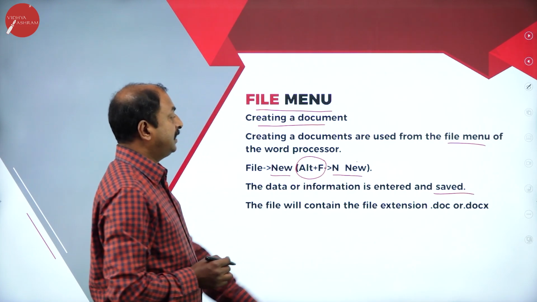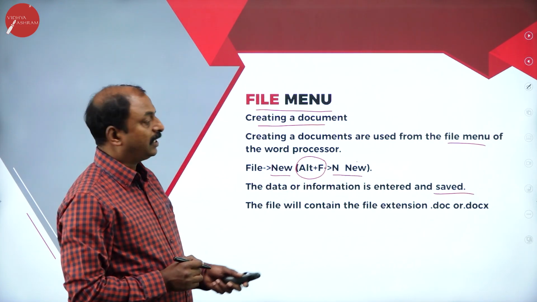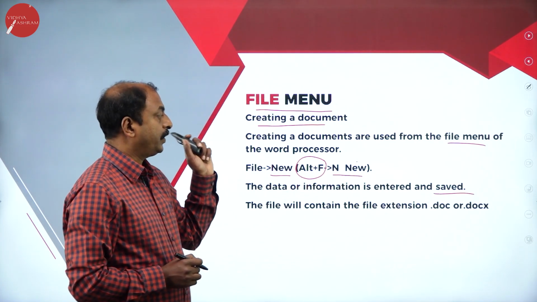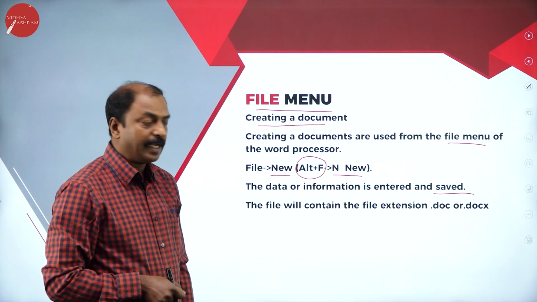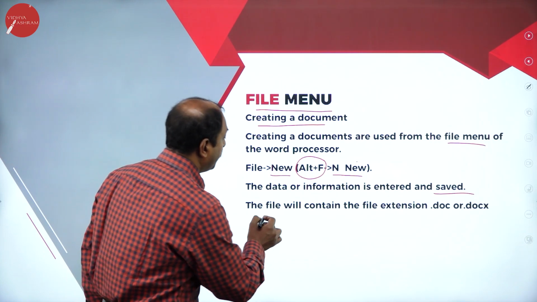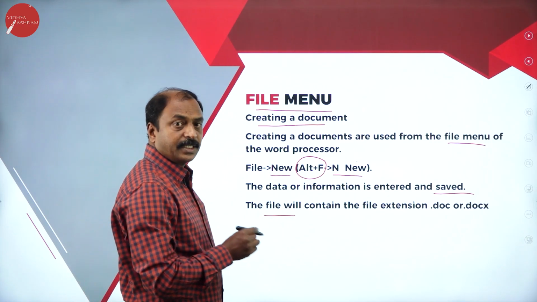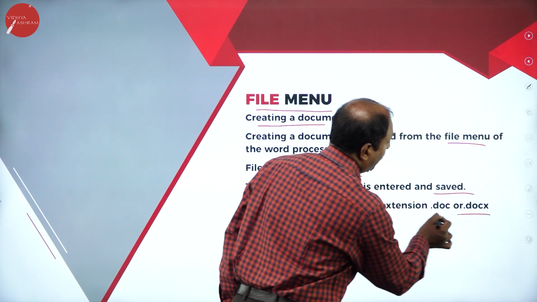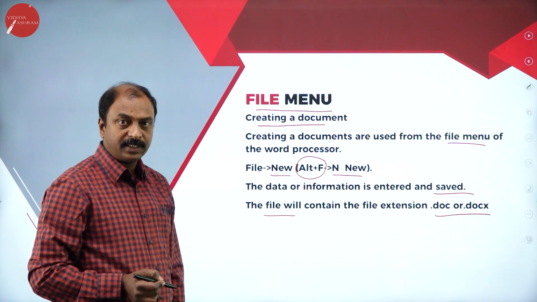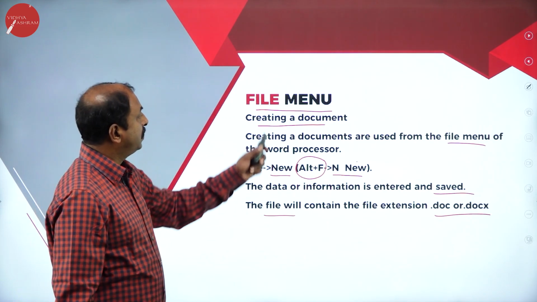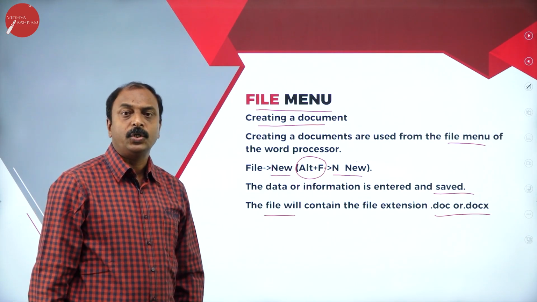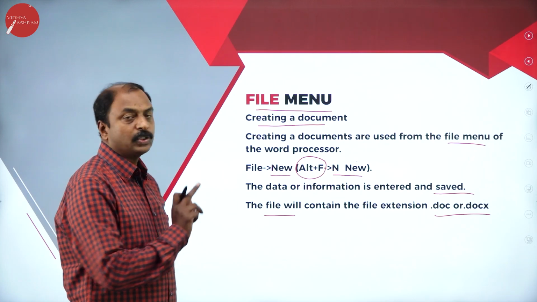Again, saving a file, the same option is available under the file menu. There is an option called save. You can save the file with a different name. The MS Word file will contain the extension name .doc or .docx. So this is how to create a new Word document or MS Word file.